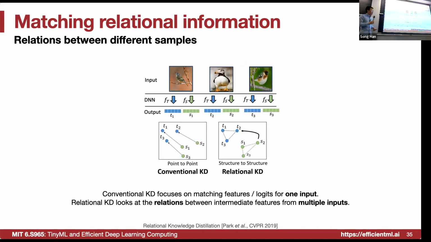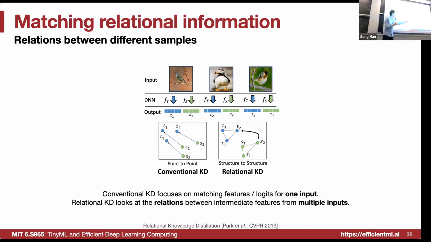Previously, given the same image, we tried to match the teacher model versus the student model. Given a second image, we try to match them again. What if we have multiple images and their relationships?